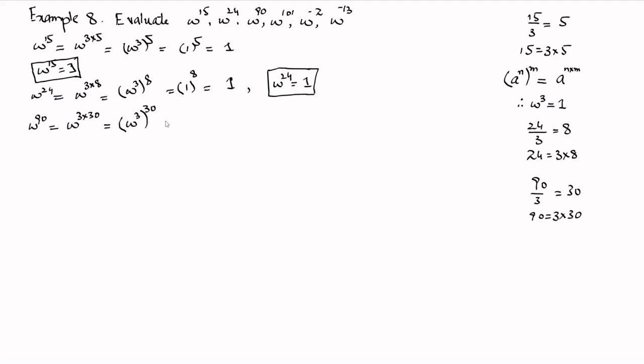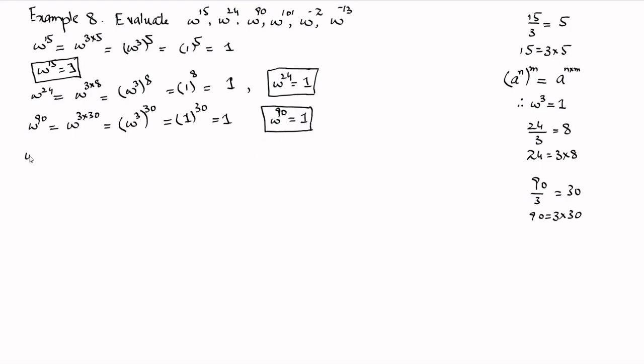Now replace omega cube with 1, and 1 raised to the power 30 is equal to 1. So similarly, omega raised to the power 90 is equal to 1. Whenever omega is raised to any power that is divisible by 3 will always result in a value of 1.